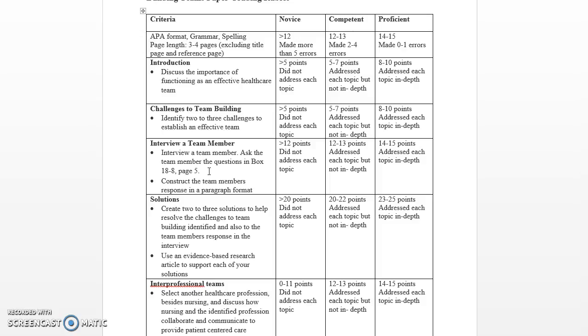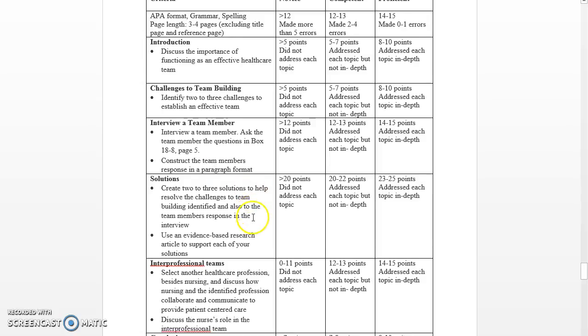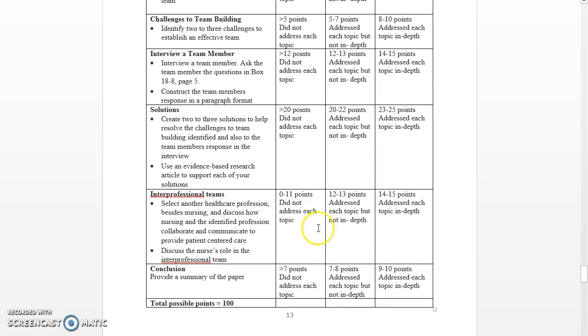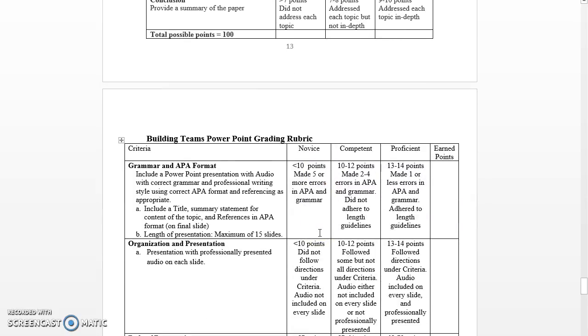Maybe you work on a committee and you want to interview a person there, just someone that you work with in a team somehow. There are specific questions that you will ask them, and then I want you to put their responses in paragraph form, so you summarize their responses in a professional paragraph. And then here's the rest of the rubric.